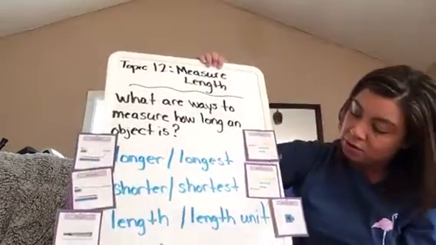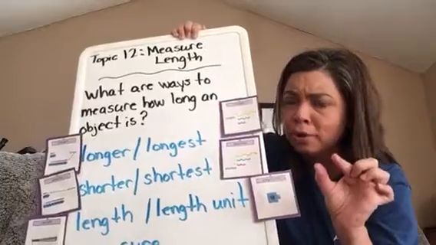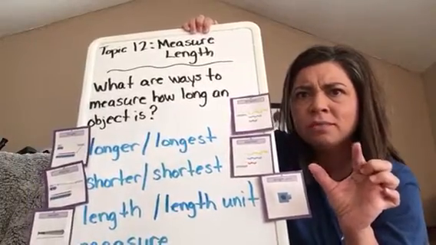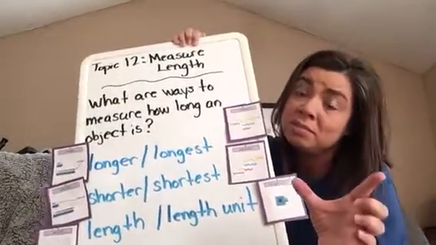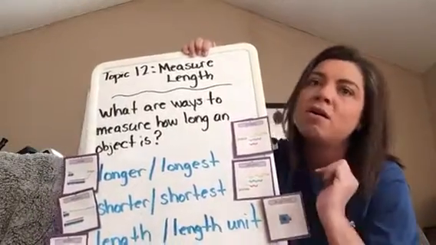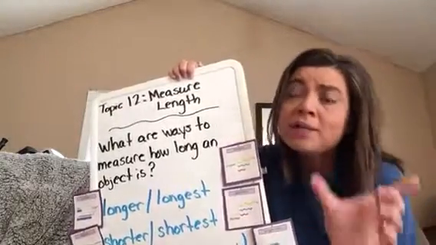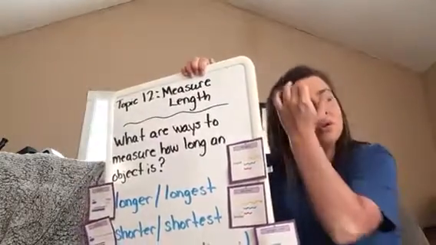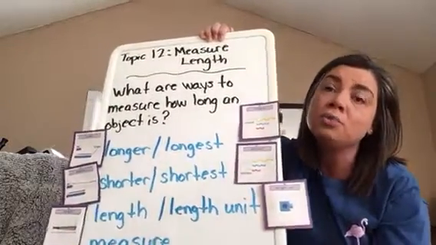And that is called your length unit. So you're going to use something shorter to measure something longer. You're going to see how many cubes long something is, or how many paper clips long, how many cheese puffs long. You're going to use those as your length unit.